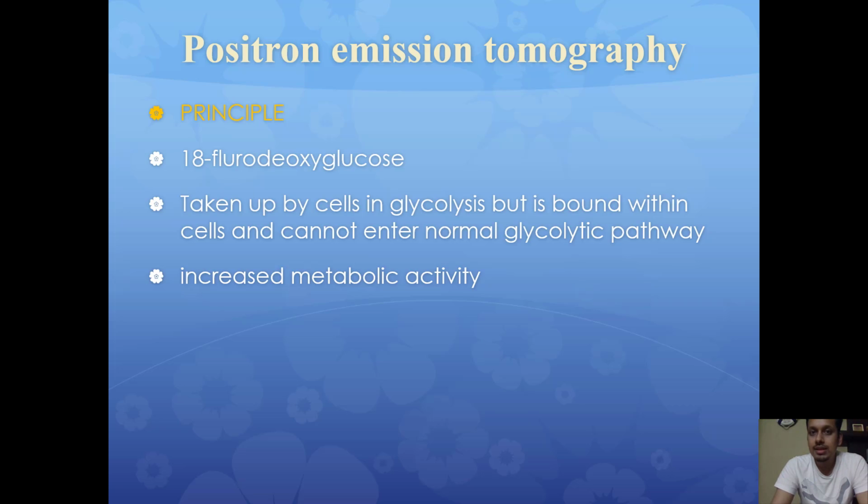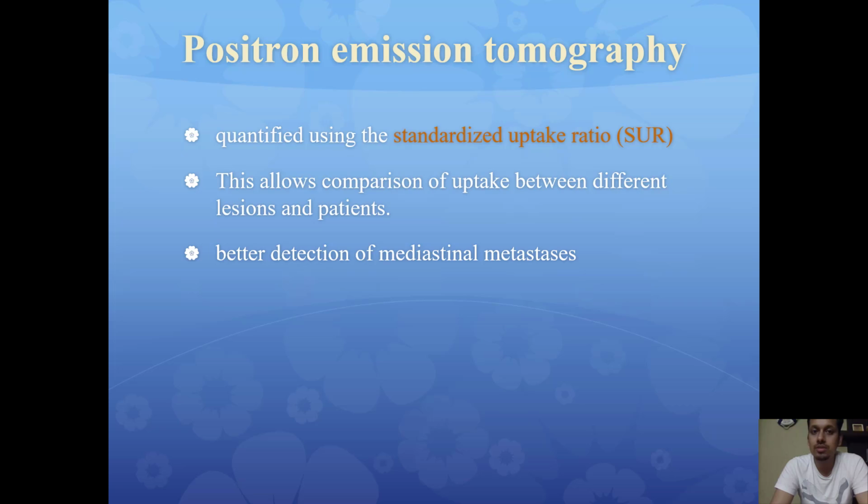But the dye is bound within the cells and it cannot enter the normal glycolytic pathway. And so whichever areas in the body have increased metabolic activity, like the brain or a malignant lesion, would take up more of this 18 FDG.